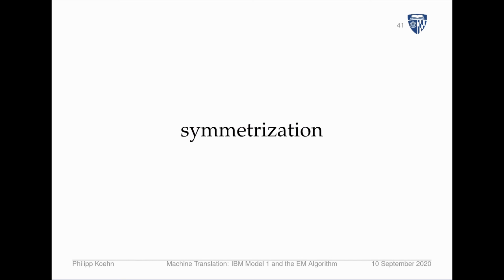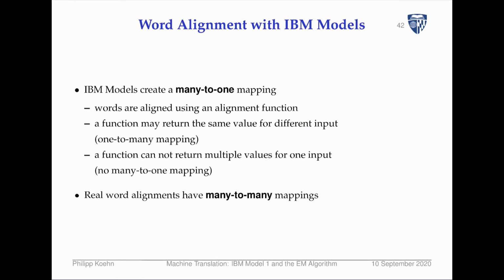so we have IBM Model 1, which seems to be a solution to the problem, and we have the problem of word alignment. And why is that not enough? Well, the problem with IBM models that we set aside at the very beginning is that they create a many-to-one mapping. So words are mapped with the alignment function, and a function may return the same value for different inputs.